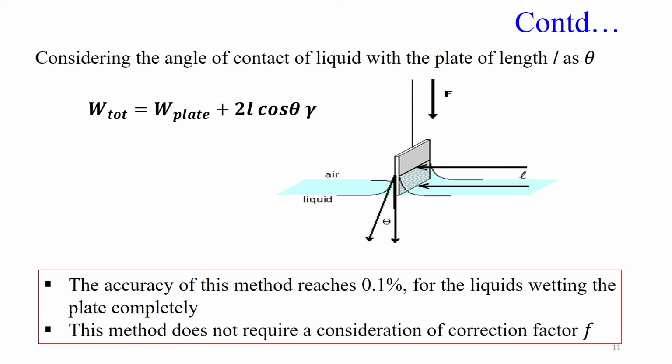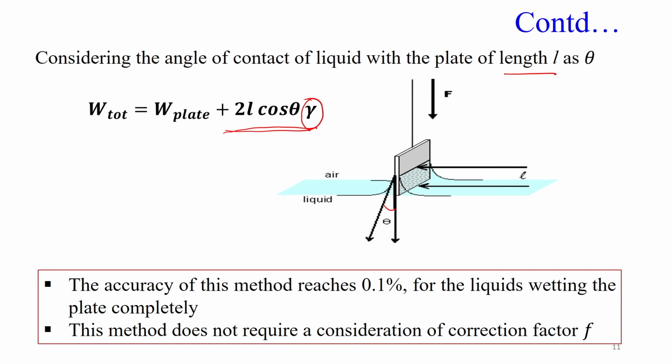Once you pull the liquid out, you can see there is a formation of a certain angle here, at which it is pulling out. If you consider the length of the plate as L, then this perimeter will be twice L cos theta, into the surface tension.